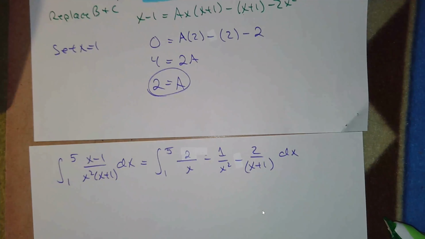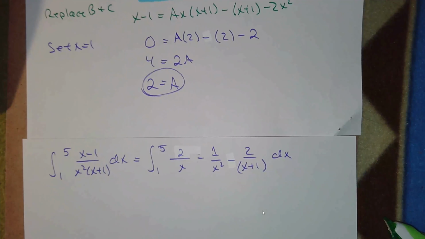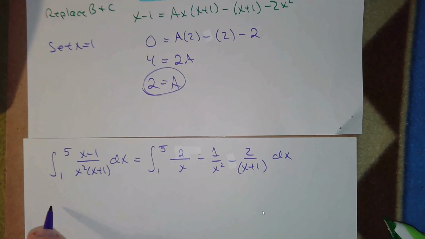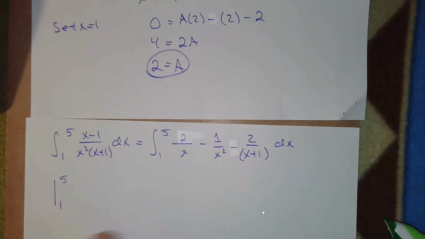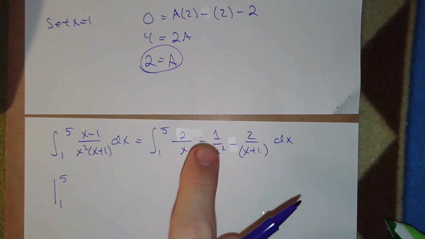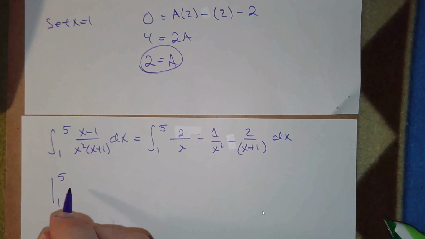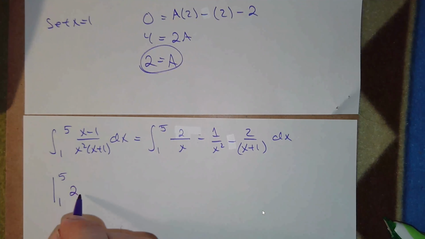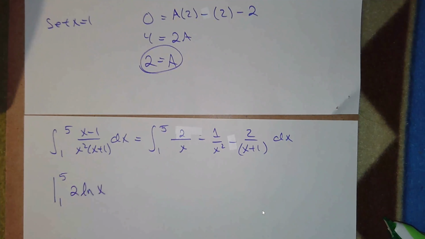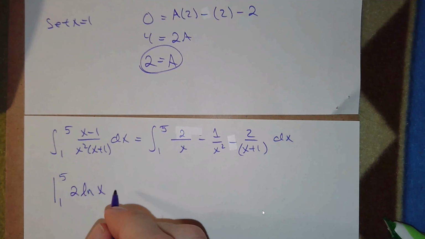We can find the antiderivative of all these things. So let's do that. Let's change our integral to a straight bar as we move from the integrand to the antiderivative. And the antiderivative here is going to be 2 ln x. I don't really need the absolute value because both of those are going to be positive, so I'm going to be lazy about that.